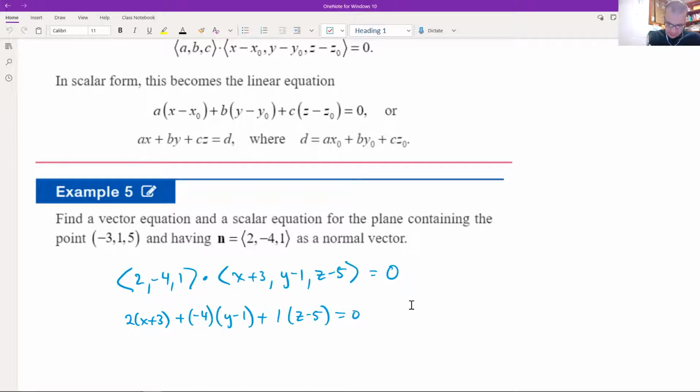And then we just collect like terms so that we'd have 2x plus 6 minus 4y plus 4 plus z minus 5 equals 0. So we'd have 2x minus 4y plus z equals 6 plus 4 is 10, minus 5 is 5, and then bring it over to the other hand side, it would be -5.